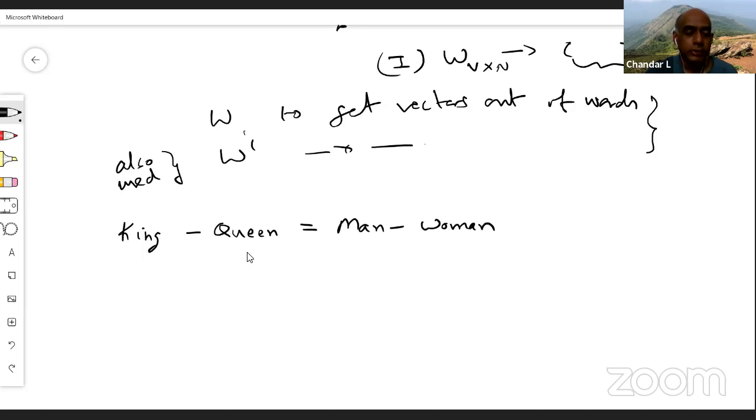King is a word which, after conversion using W, has an n-dimensional representation. Likewise, queen, man and woman also have n-dimensional representations.